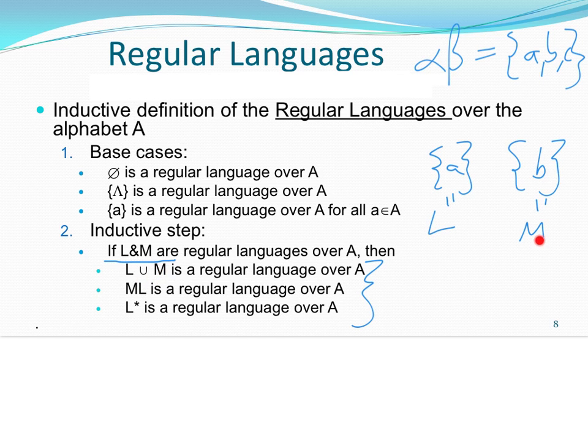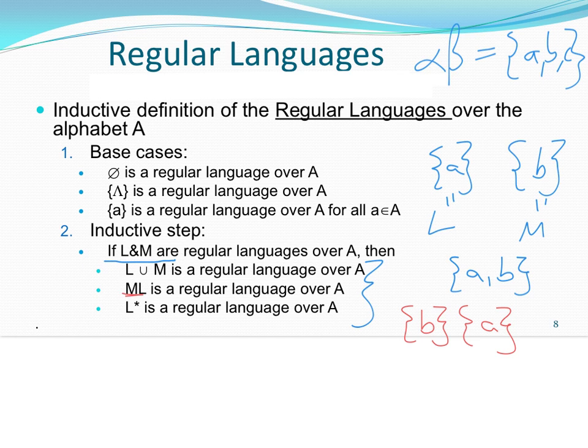So what is L union M? Well, that would be the set containing these two strings, A and B. They do happen to be symbols, but in this case we're talking about a language. A language is a set of strings, so these are just strings of length 1. Okay. Another thing that the inductive step tells us is that ML, the two sets concatenated together, is a regular language over A. So this tells us that the set B, which is M, concatenated with the set A, and of course we could do it in the other order, but I'm doing M then L because that's what this line happens to say.